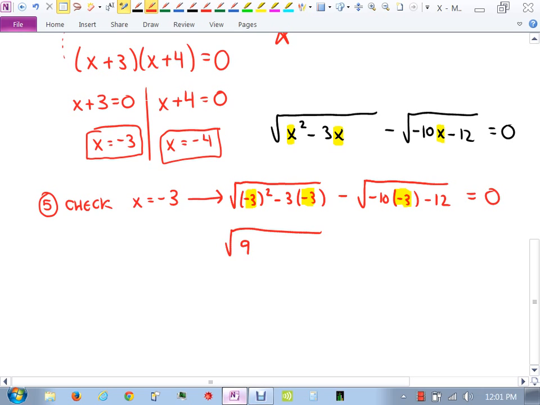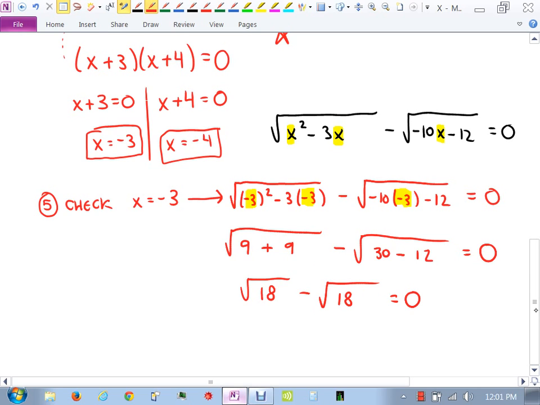What's -3 times -3? Positive 9, so it'll be plus 9, right? Minus square root, what do we get over here? -10 times -3 is 30. 30 take away 12. Does this equal 0? What's the first part? 18 minus the square root of 30 minus 12? 18. What's the square root of 18 minus the square root of 18? It's 0. It works.